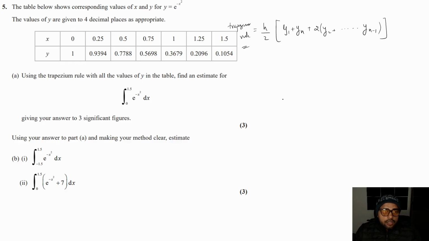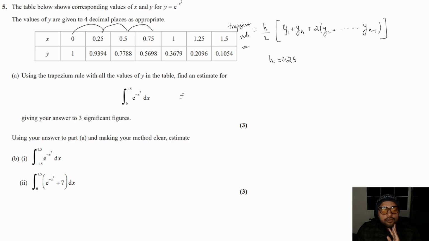Here we can see that the difference between the intervals is already clear to us, that is 0.25. So we will be substituting this value, and the value of h will be equal to 0.25. We can see the difference between the x components is 0.25. I'm just applying the trapezium formula, students, to find the integration of e raised to the power minus x squared.